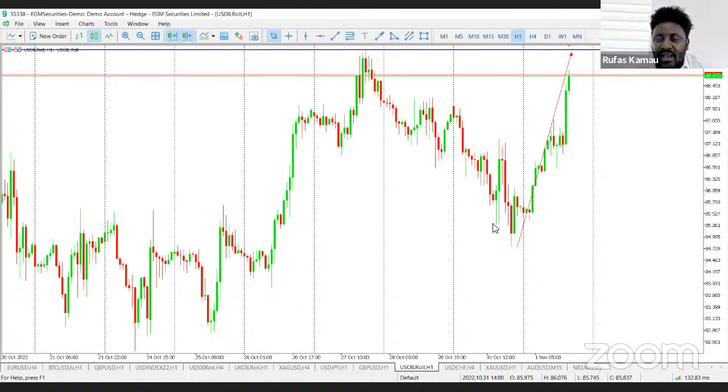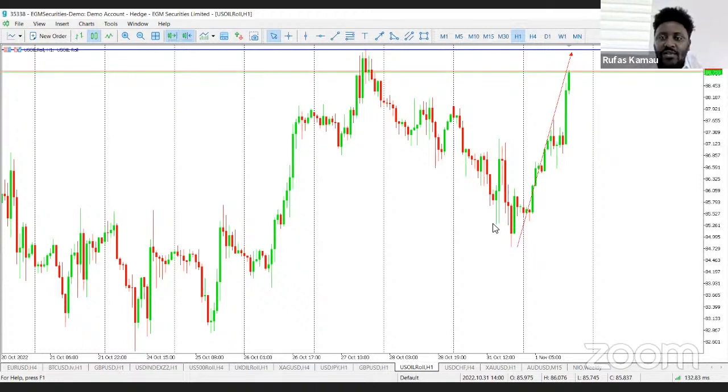On the demand side, there are also rumors that the Chinese government is looking to ease the COVID-19 restrictions in order to spur economic activity. If they remove the restrictions, there could be higher demand from China, and this would drive oil prices higher. So that's one key thing to consider.